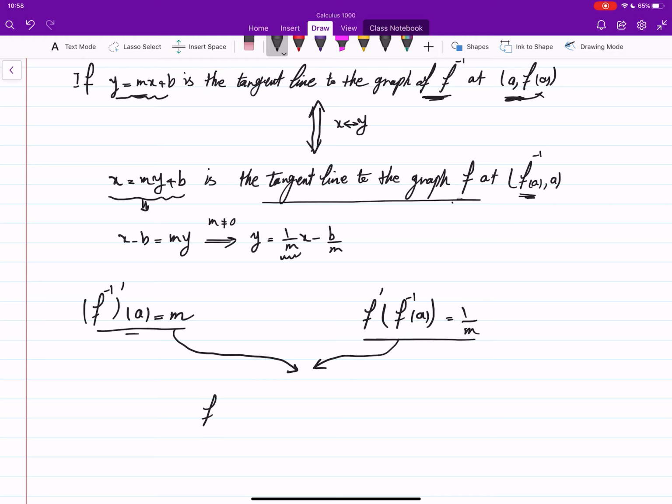So from this right away I can conclude that m is 1 over f prime at f inverse of a. So that means that f inverse prime at a is equal to 1 over f prime at f inverse of a.